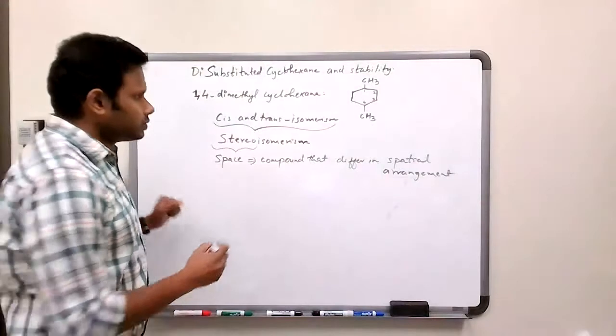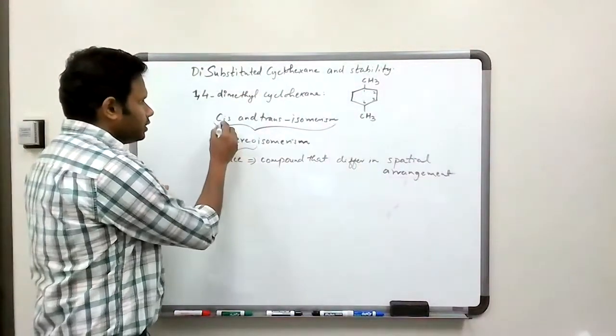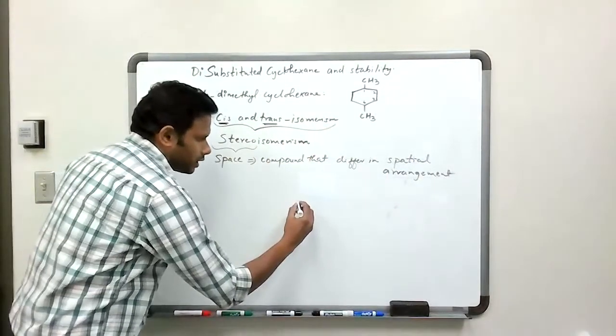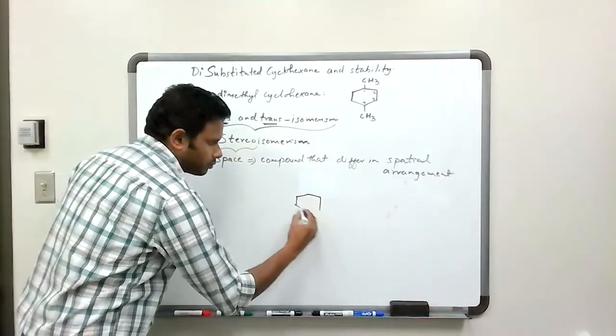So let's use this as an example to talk about cis and trans isomers. Okay, I'm going to draw two forms of that compound.